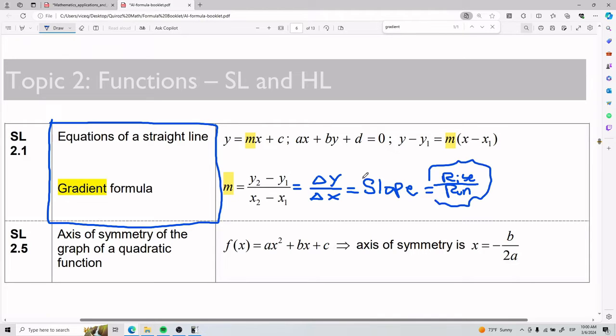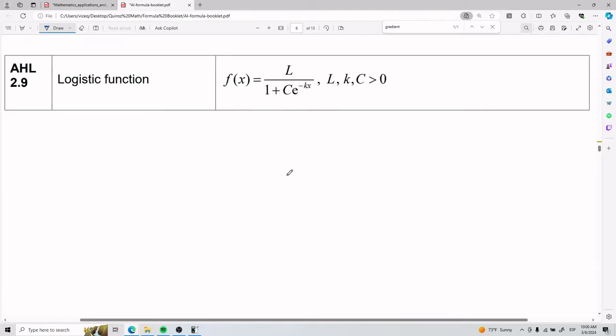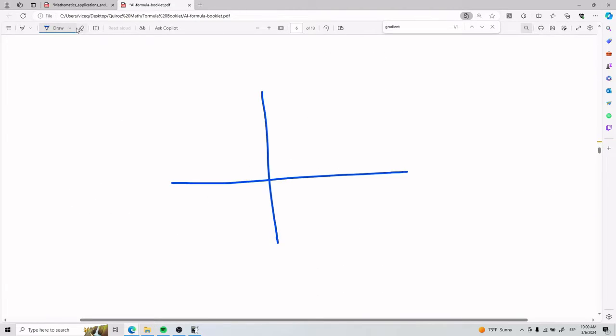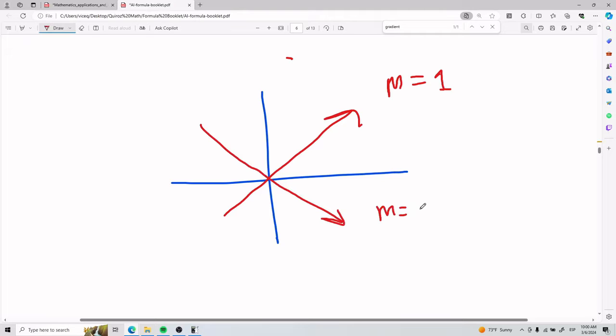Some people just hear of slope. Some people hear about change of y and change in x, rate of change. There's a lot of different ways to say this. What am I trying to express? Gradient is the same as slope. Okay, so it's how your line changes. See, for example, a line that looks like this, let's say this has a slope of 1. Well, something that goes like that will have a slope of -1. See?